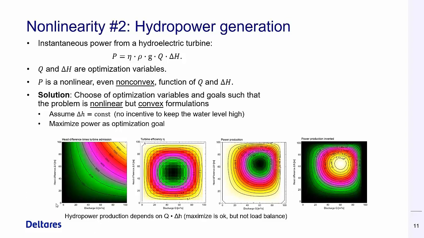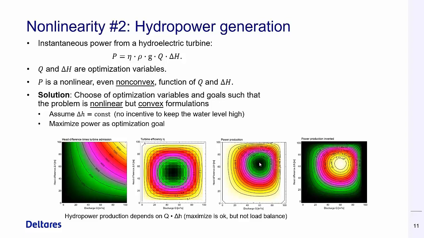Here's the head difference and discharge, and the function illustrated with isolines, so contour lines and colors. Here's the maximum, so this is still convex. When we add the turbine efficiency, here the hill chart, these two combined give this plot, and then here's the maximum. And we can flip that, invert it, such that we have a minimization problem.